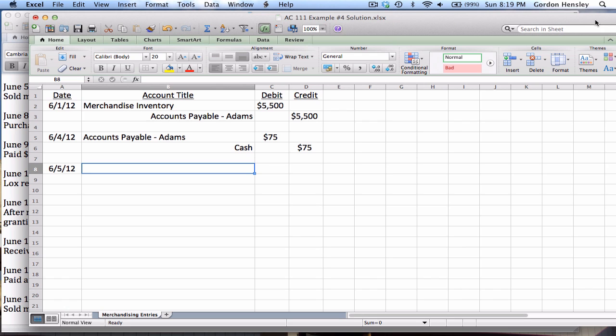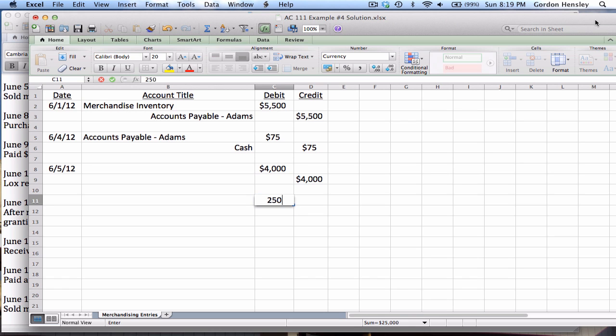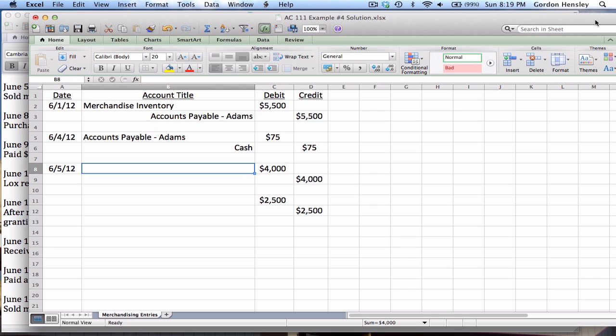We're going to do one for the retail price, one for the cost. The retail price, it said, was $4,000. The cost of the merchandise, they gave us that amount, $2,500. So it was sold for $4,000. It cost $2,500. Requires 2 entries every sale. Now this is a sale.